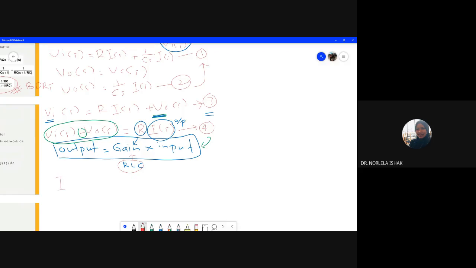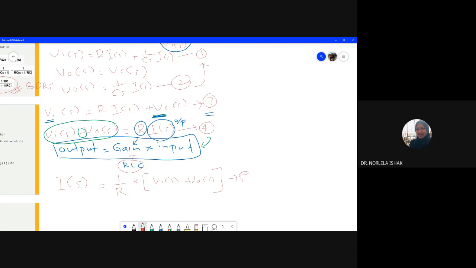You follow the keyword: current equal to 1 over R multiplied with VI(s) minus V naught(s). Is it correct?